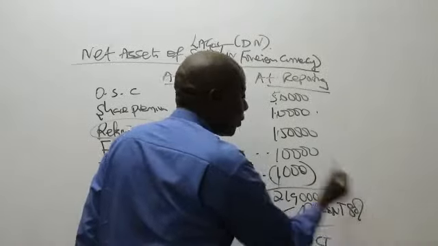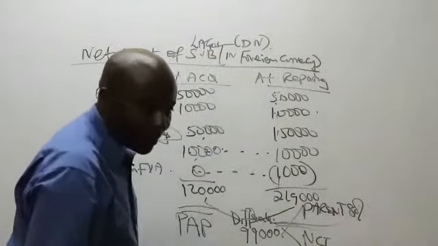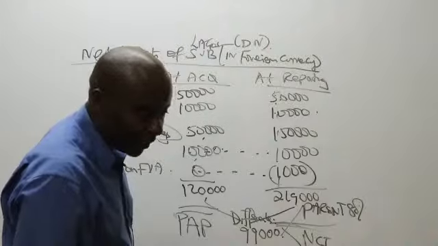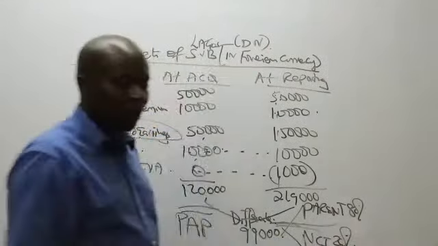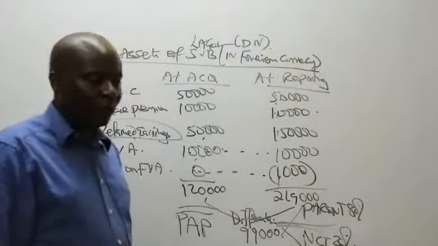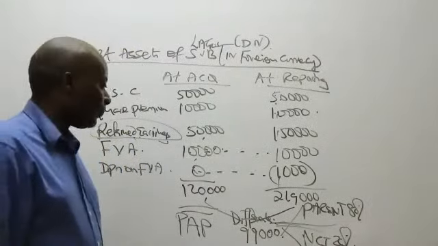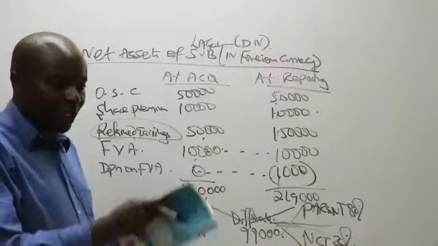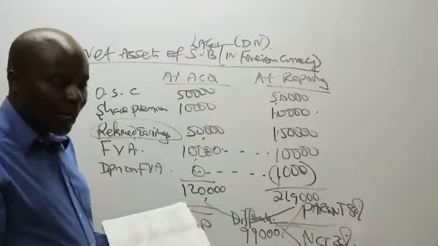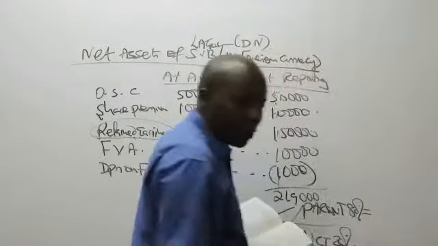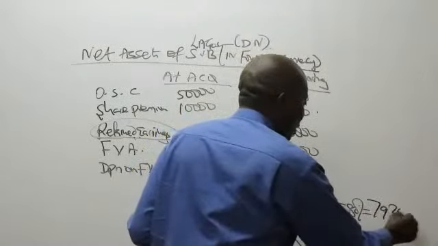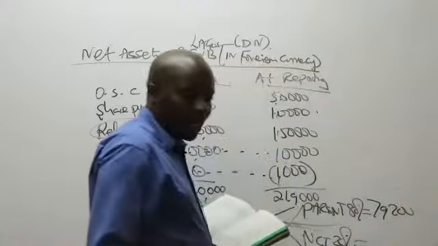Remember the parent was 80%, and therefore NCI is 20%. So parent 79,200, and then NCI 19,800.